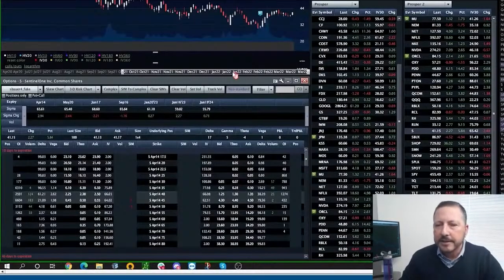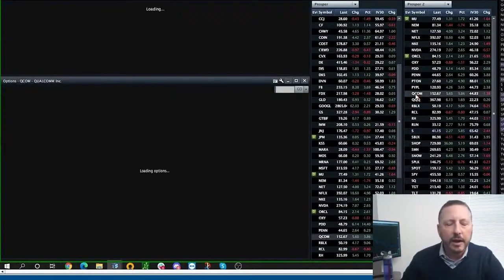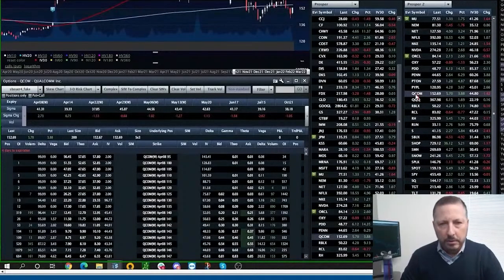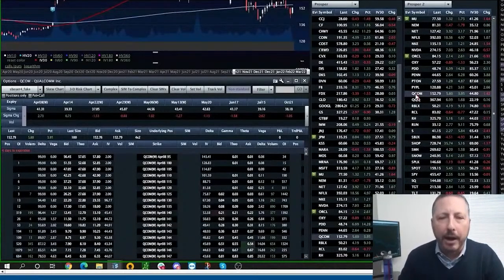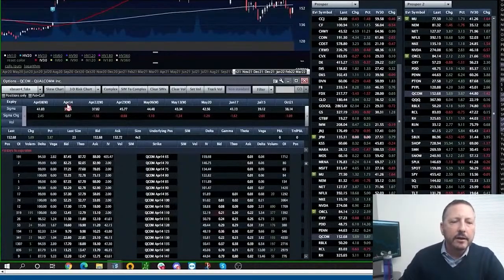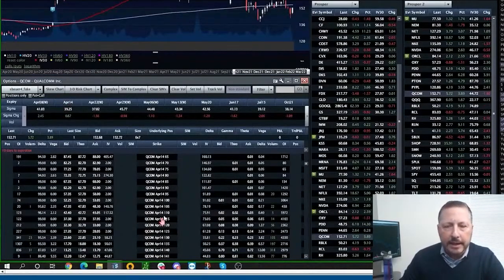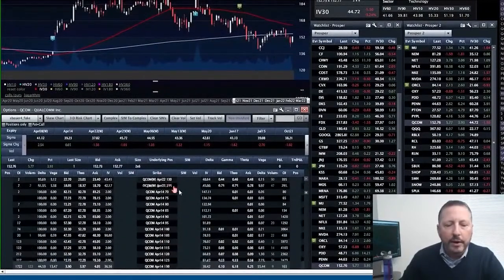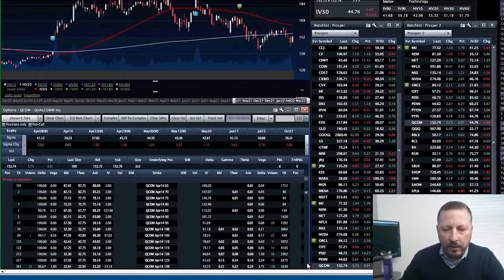Let's take a look at QCOM. Remember, we're going to assume that we are bearish. If we look at the April 14th expiration, QCOM is trading right at 152.5 right now.